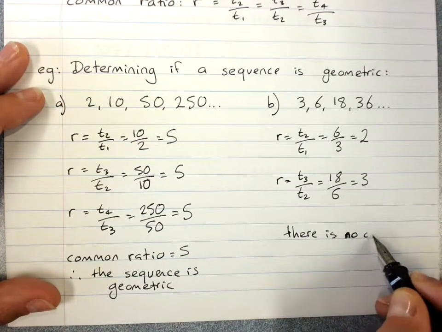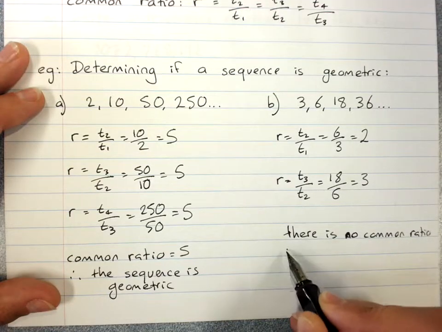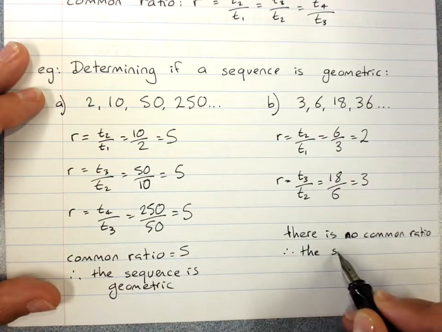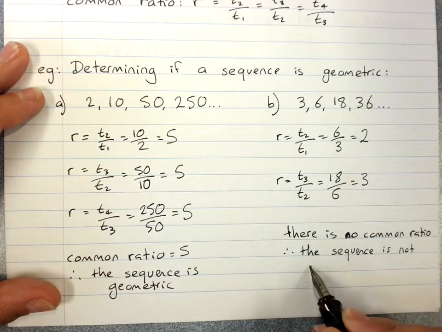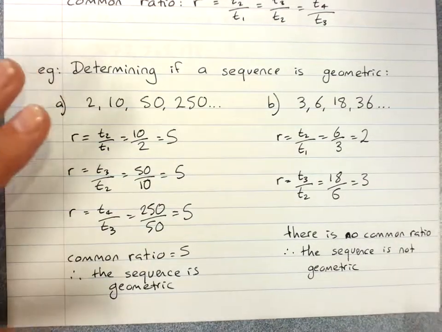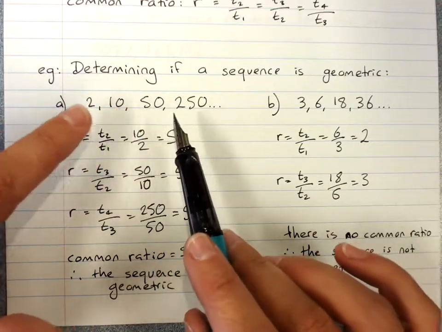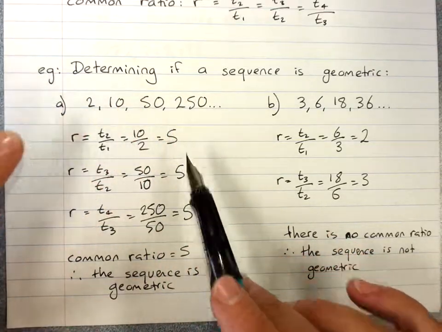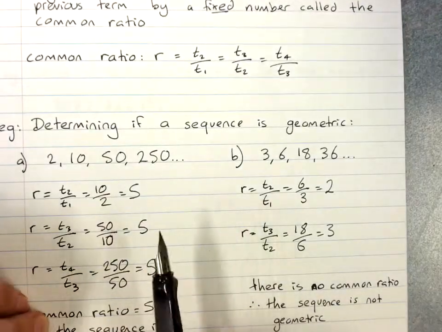There is no common ratio. Therefore, the sequence is not geometric. So that's how you tell if a sequence is geometric. You must show that every pair of numbers and the number before it gives the same ratio. And that's also how you calculate the common ratio.